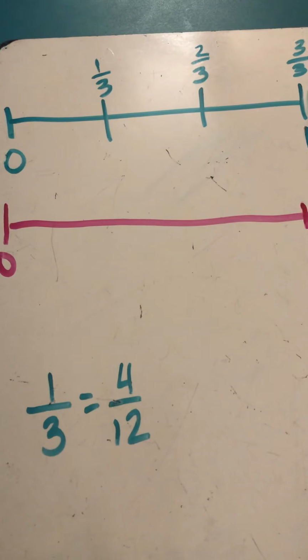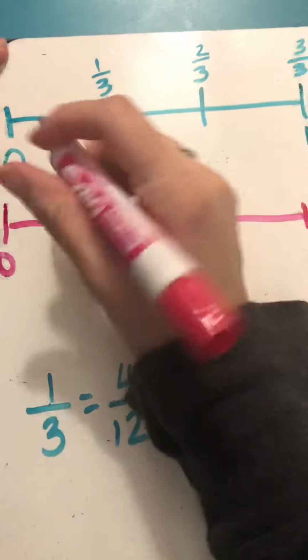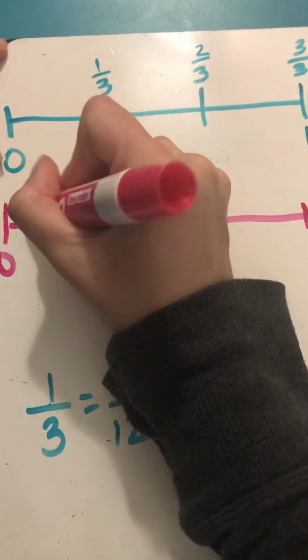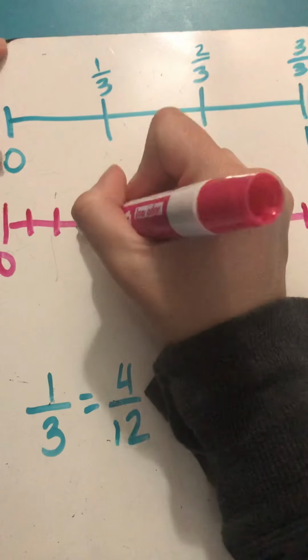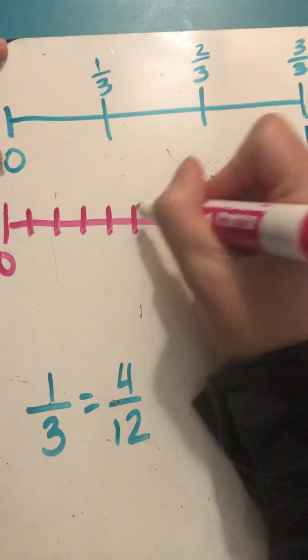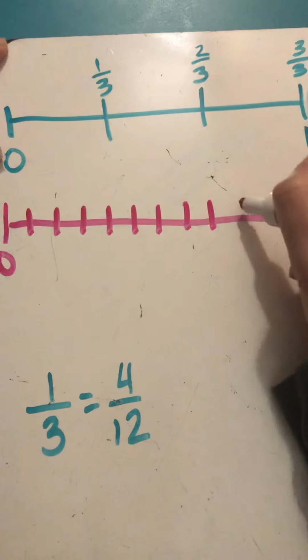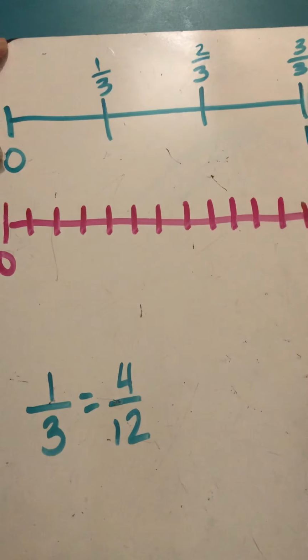So in order to split it up into 12s, I am just going to go 1, 2, 3. Good.